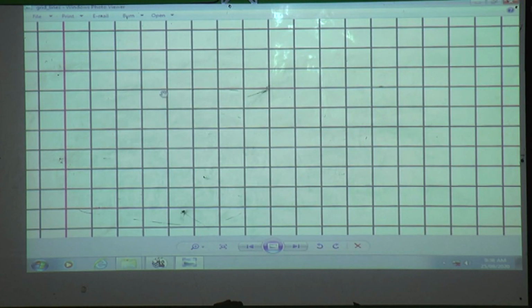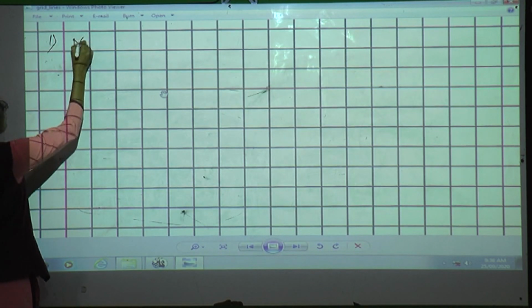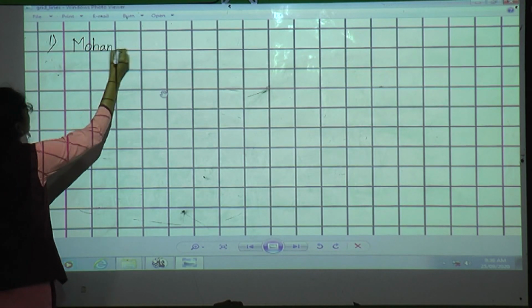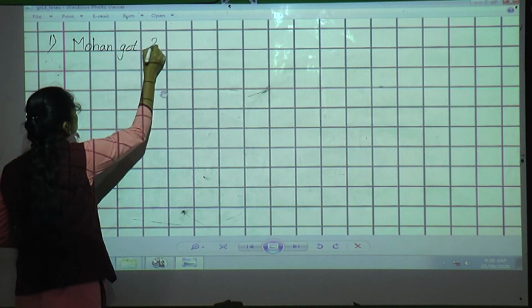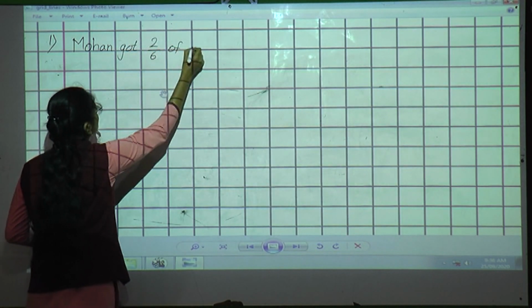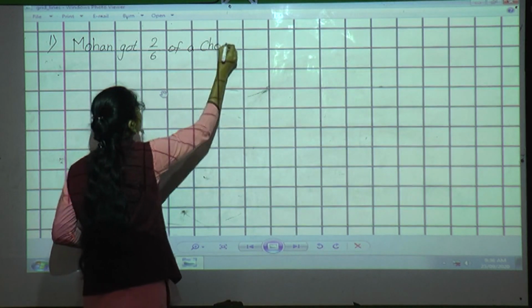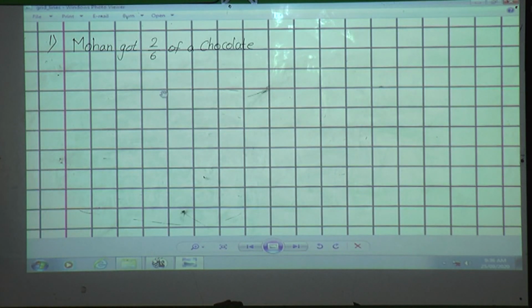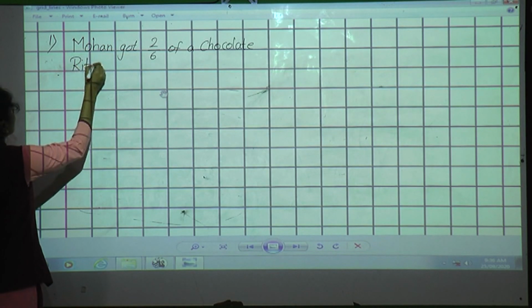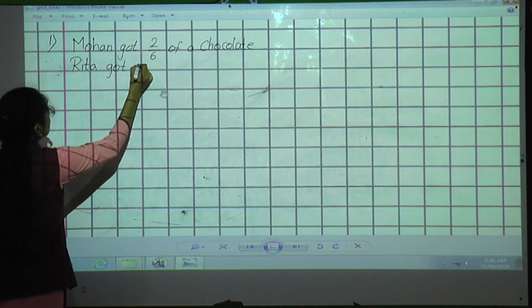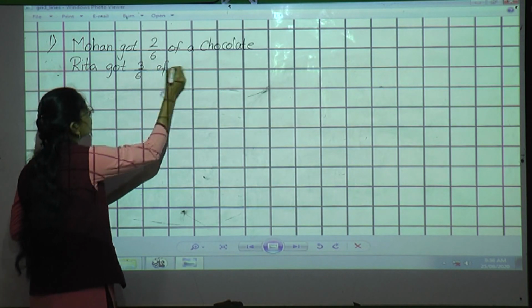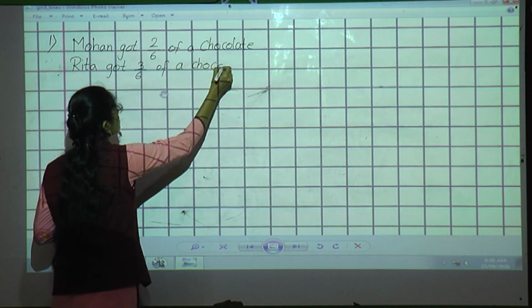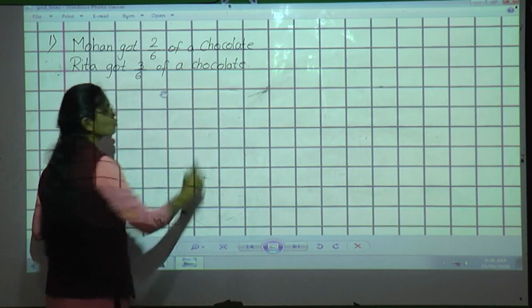Now we'll solve the example. First example, here Mohan got 2/6 of a chocolate, and Rita got 3/6 of a chocolate, and the question is, who got more chocolate?